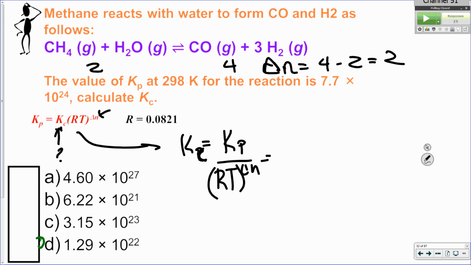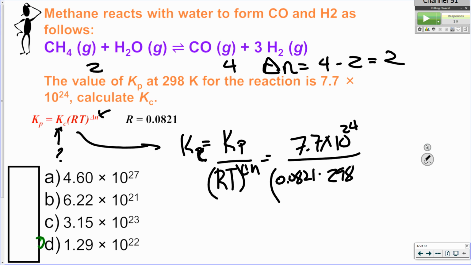So Kp is 7.7 times 10 to the 24th. RT is 0.0821 times the temperature, 298, raised to the power of positive 2. And if I multiply that out, I do get 1.29 times 10 to the 22nd.